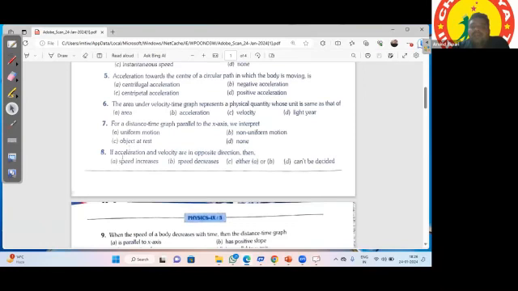Now, if acceleration and velocity are in opposite directions, then what will happen? Think of any situation. Aman, can you think of any situation where acceleration and velocity are opposite to each other?